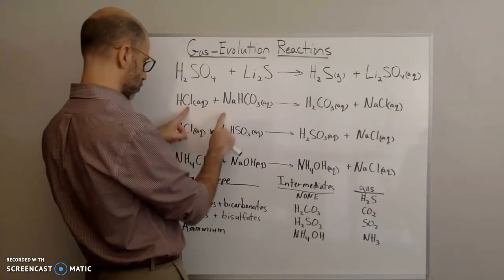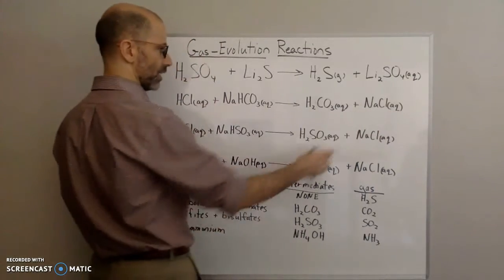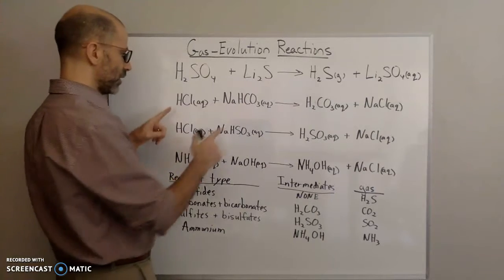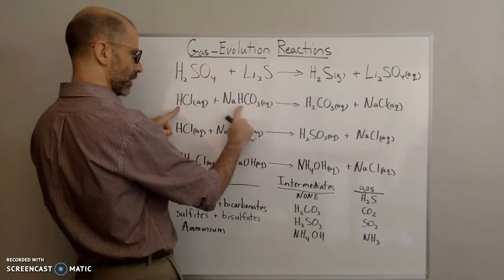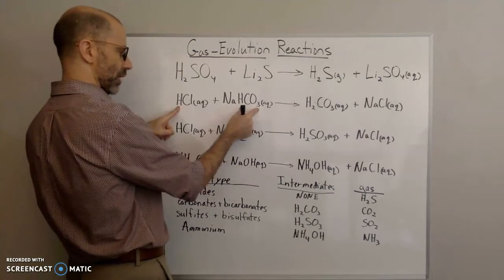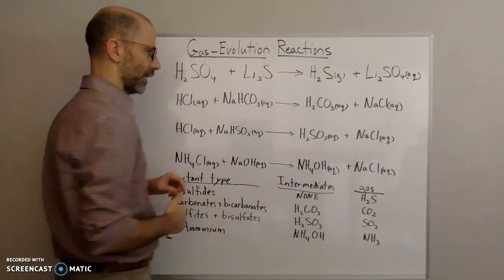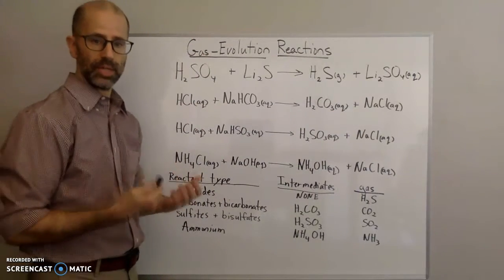The chloride and the sodium go together, and I form sodium chloride, and it's aqueous because it dissolves in water. But then I could take the H and the polyatomic anion, my bicarbonate ion, and put those together, and I get carbonic acid, and that's aqueous. Now I might think I'm done.